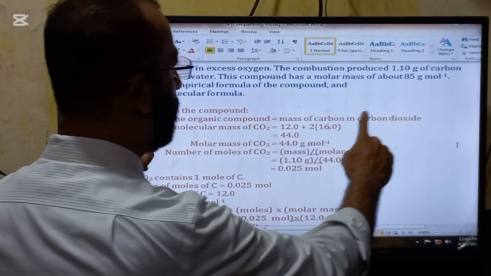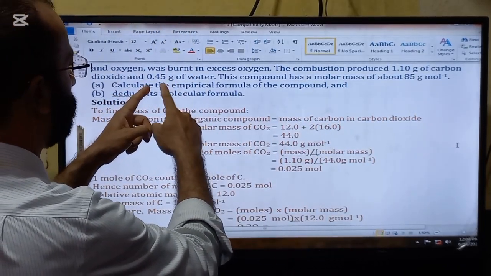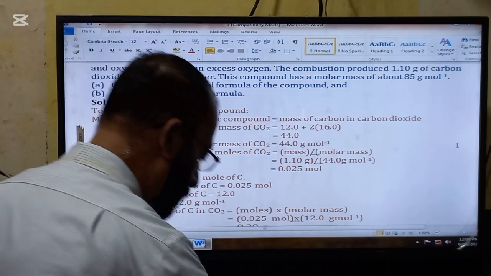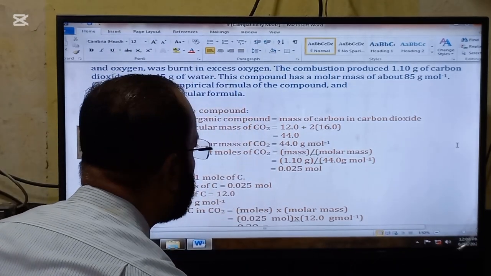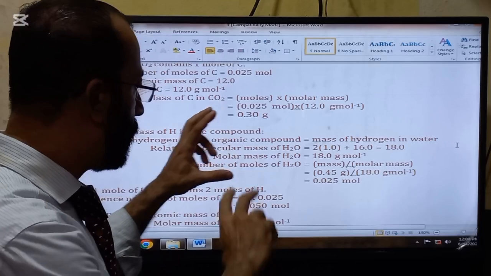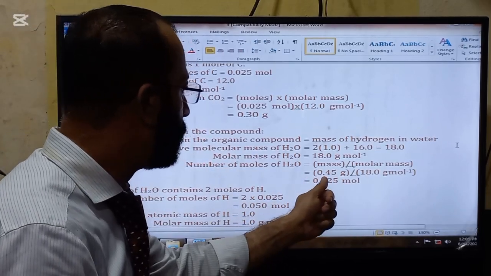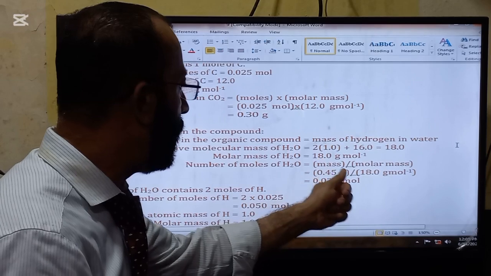Look at the question, 0.45 grams of water. So this is the mass which is produced, because the mass in the question was given as 0.45. So mass over molar mass, so 0.45 over 18.